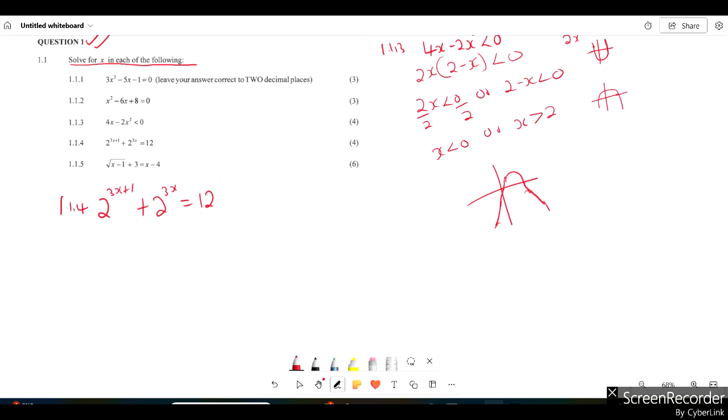Guys, I told you in the previous video, whenever you see an exponential question with an operator of plus or minus, start by breaking down and then we factorize.